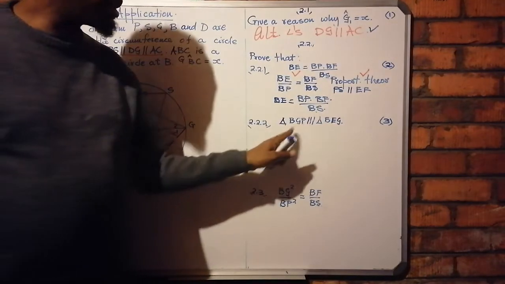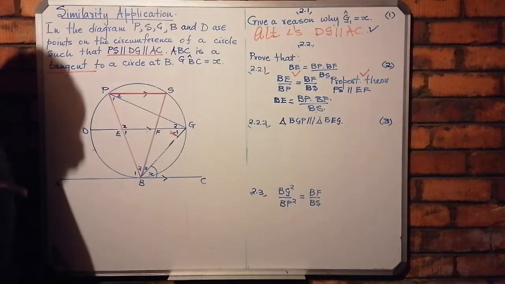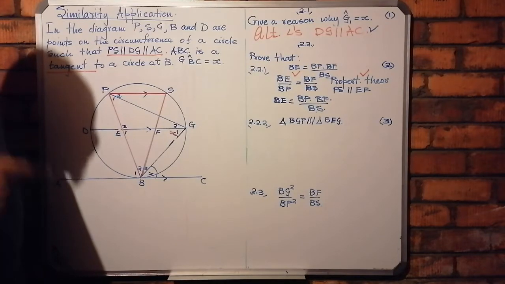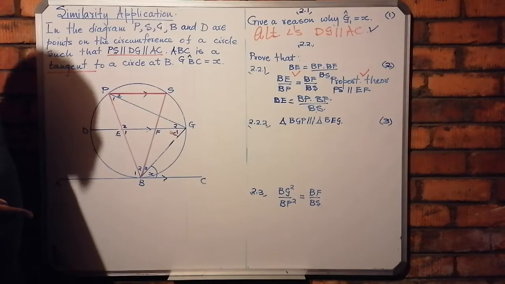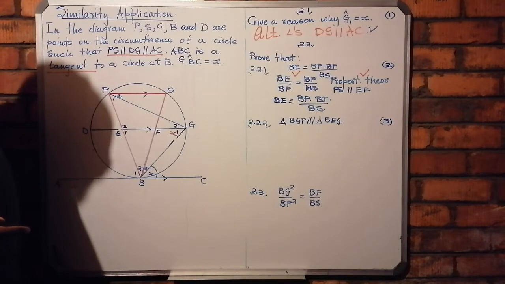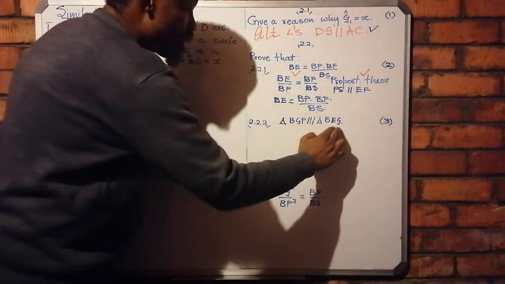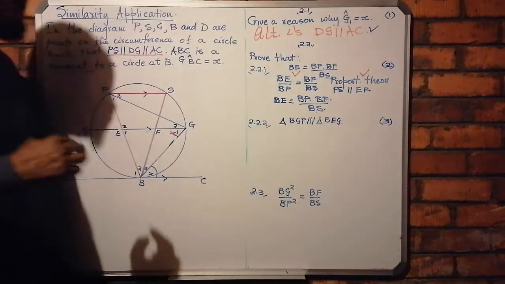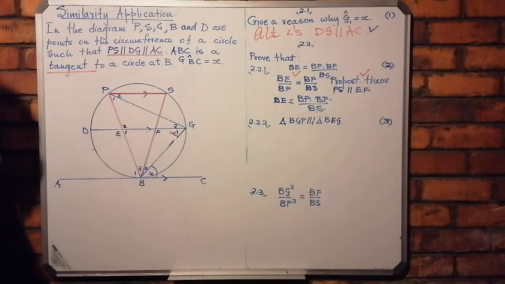Two or more triangles are similar if their corresponding angles are equal and the corresponding sides are in the same proportion. Meaning that here, corresponding angles must be equal. If corresponding angles are equal, corresponding sides would be in the same proportion.